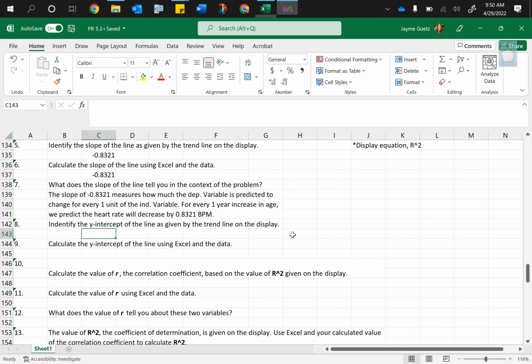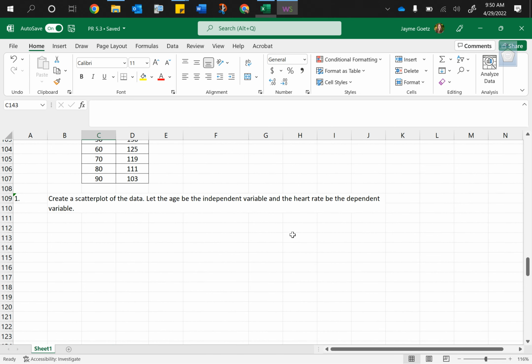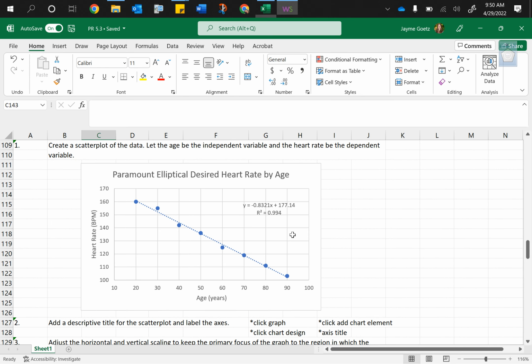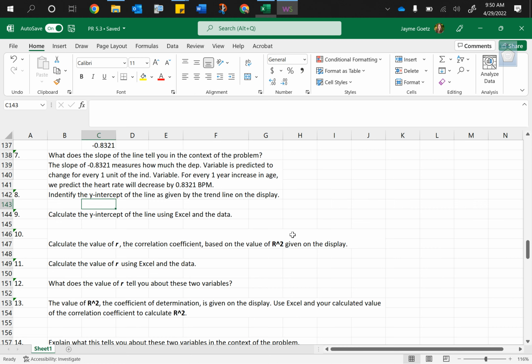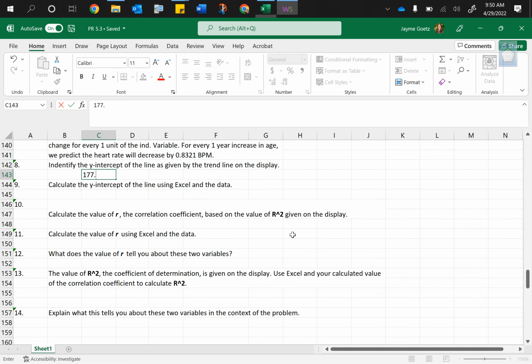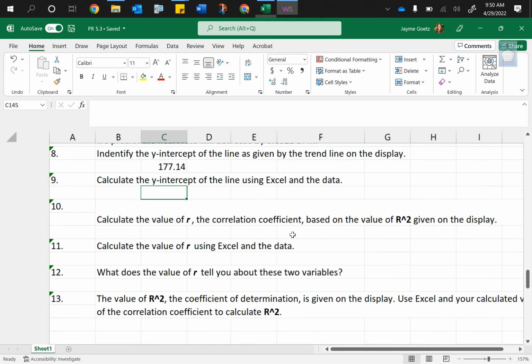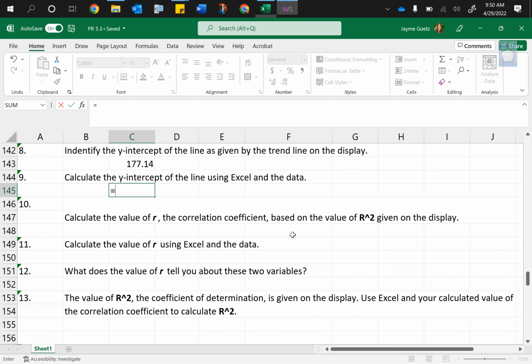Number 8, identify the y-intercept of the line as given by the trend line on the display. What's the y-intercept here? 177.14. So 177.14. And then again, they want me to calculate it.